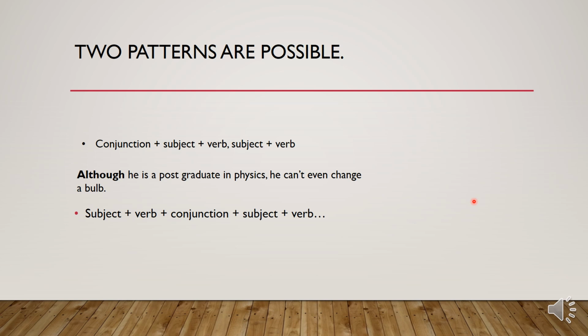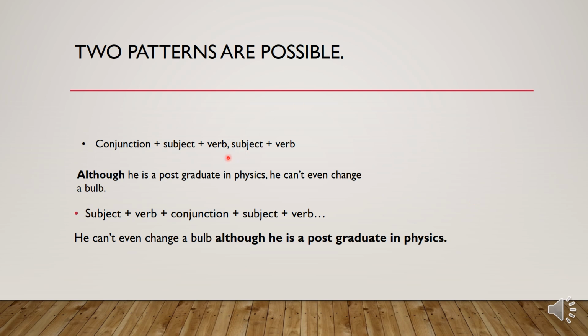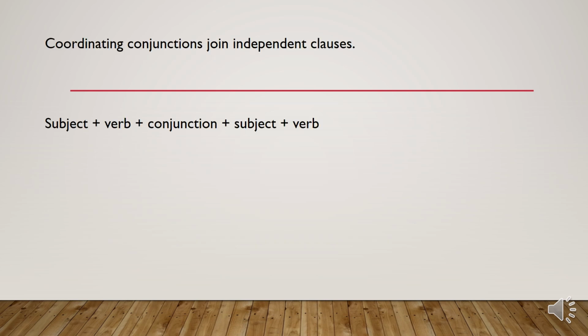Or you can use subject plus verb plus conjunction, subject plus verb, like he can't even change the bulb, although, but here there is no comma. Here, as you see, there is the comma, here there is none. A coordinating conjunction joins independent clauses, like: he is a postgraduate in English, comma, but he can't even change a bulb.